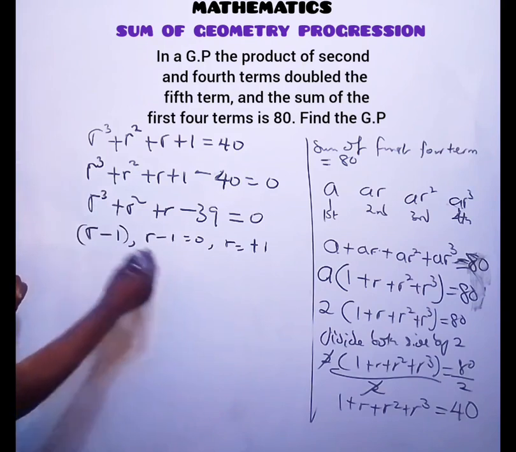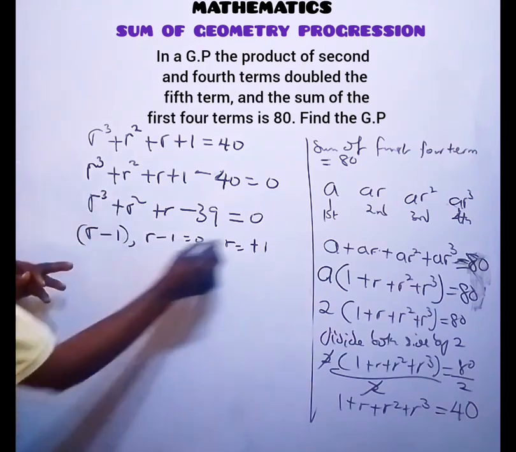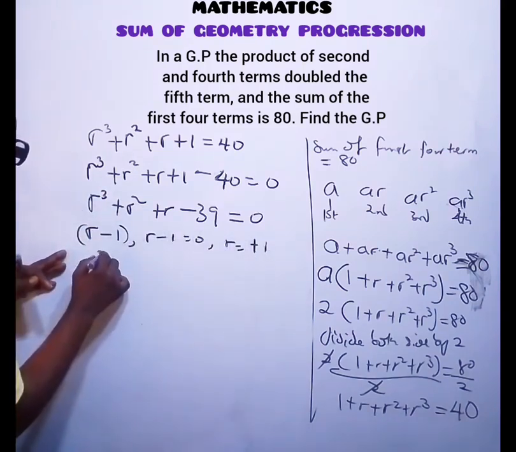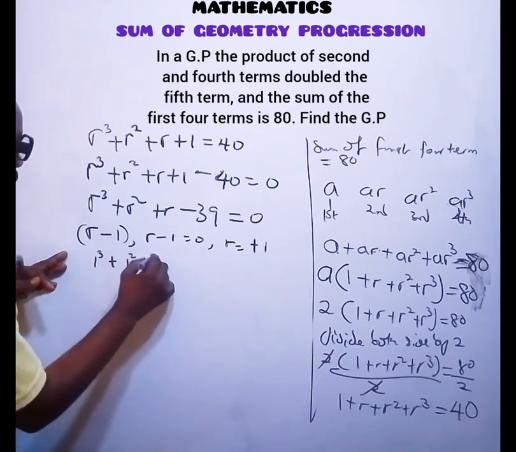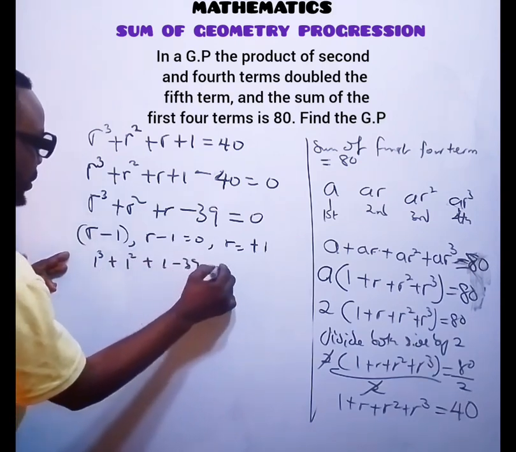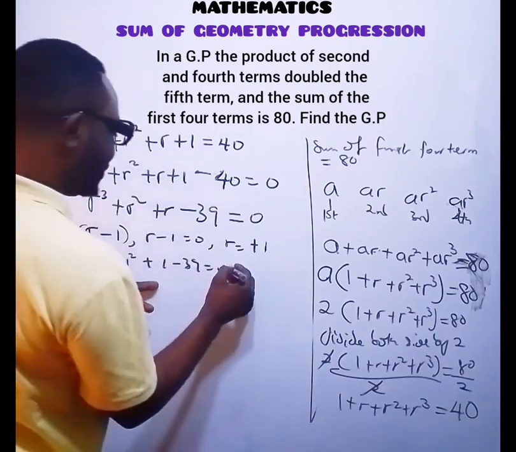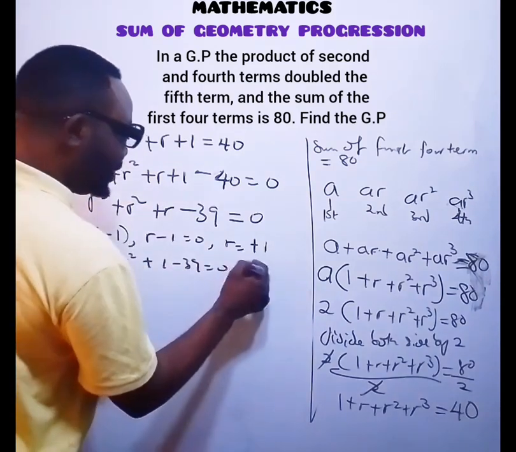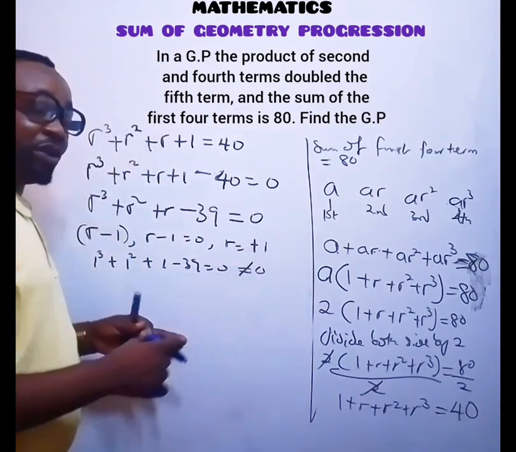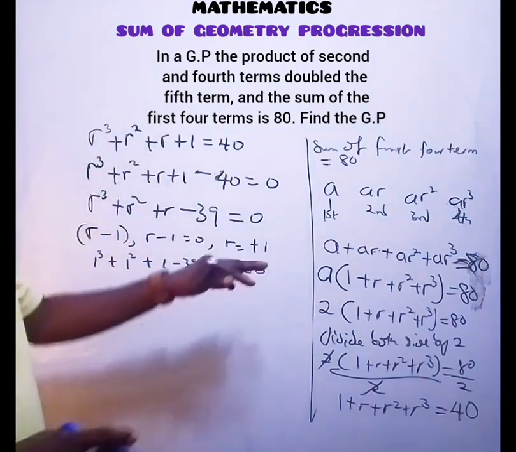So let me try that. We have r is plus 1 now. Now it's 1 raised to power 3 plus 1 raised to power 2 plus 1 minus 39 equal to 0? No, it cannot be. 1 plus 1 plus 1 is 3, and 3 minus 39 is not equal to 0. So that one is not a factor.